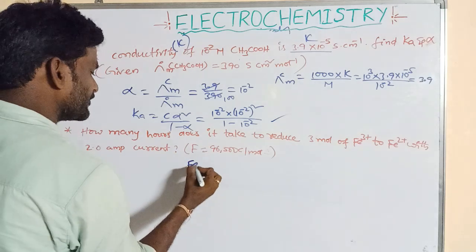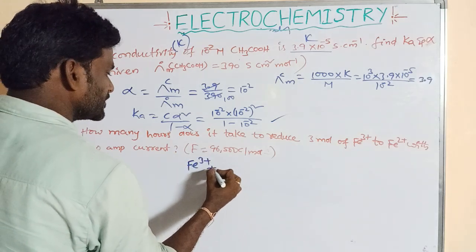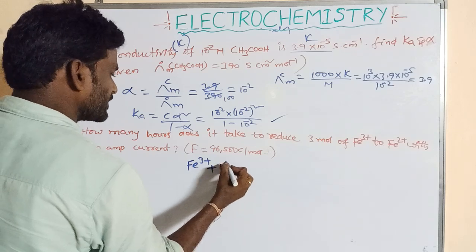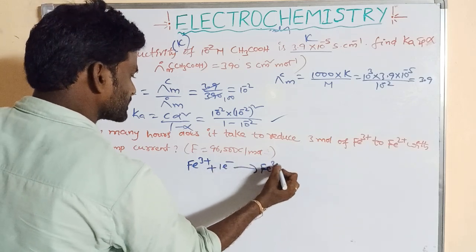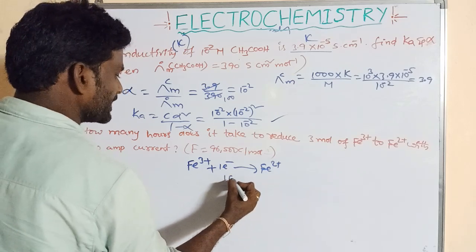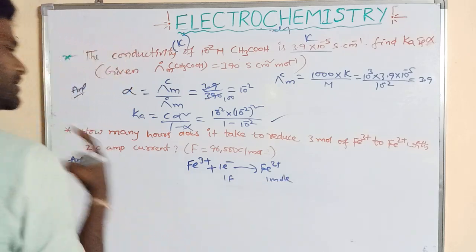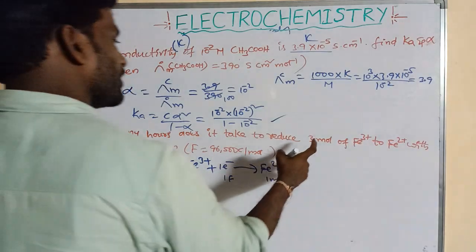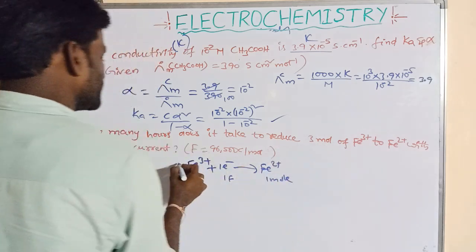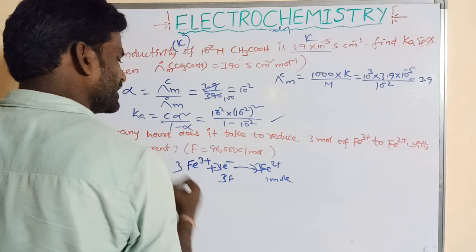What is the reaction? Fe3 plus gives rise to Fe2 plus. Here it is reduced, so 1 electron gives rise to Fe2 plus. 1 farad gives 1 mole of Fe2 plus, we know that. But here how many moles are asked? 3 moles. So that means 3 electrons, that means 3 farad is required.